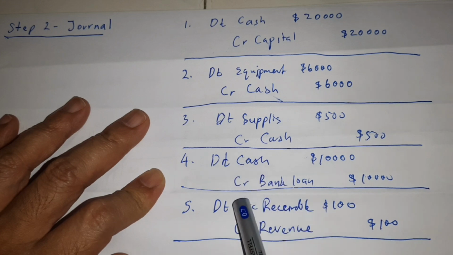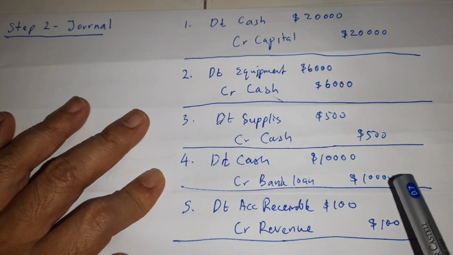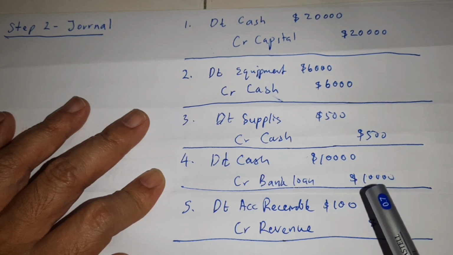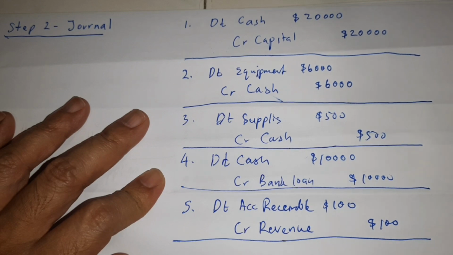When you do step 2, you have to refer to step 1. And then later, when you do step 3 in the accounting cycle, which is posting journal entries into ledger, you refer to step 2. When you do step 3, you refer to step 2. When you do step 2, you refer to step 1.